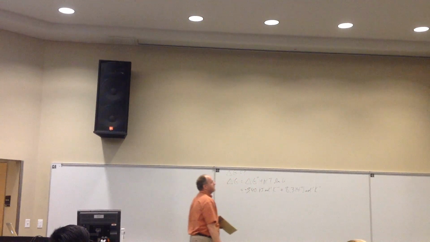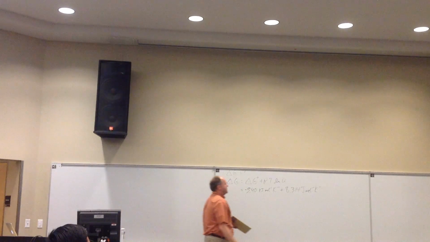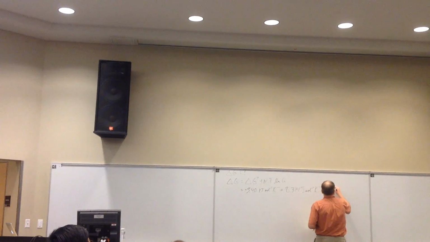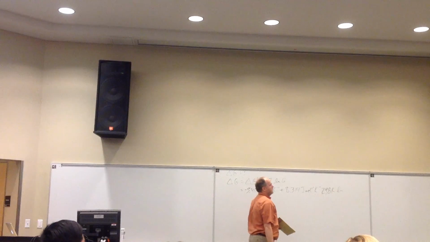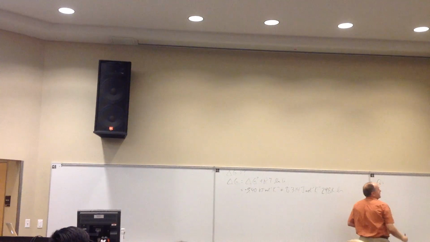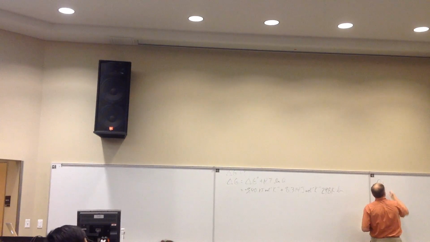The temperature, I'm not told the temperature. I'm given delta G at 298, so I'm going to assume my temperature is 298 Kelvin. And then log of Q. Well, Q, I'm dealing with pressure, so this is going to technically be QP.